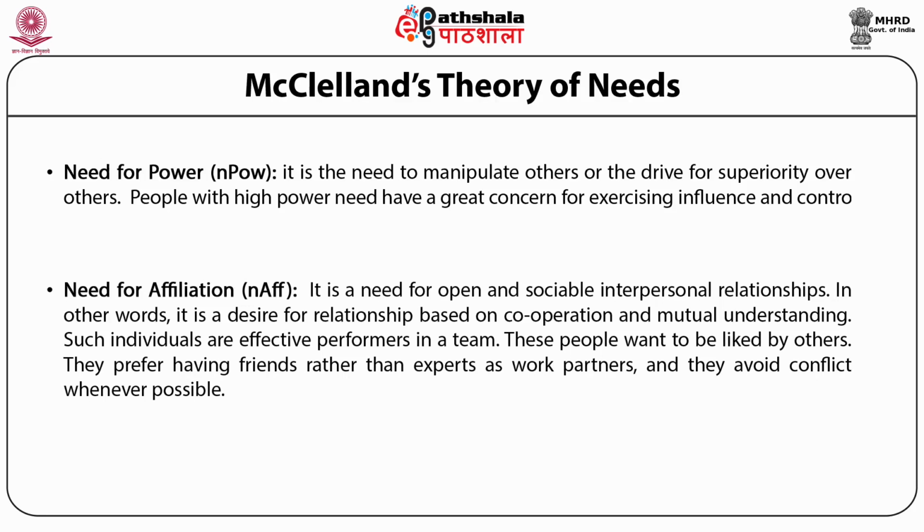In other words, it is a desire for relationship based on cooperation and mutual understanding. Such individuals are effective performers in a team. These people want to be liked by others. They prefer having friends rather than experts as work partners, and they avoid conflict whenever possible.